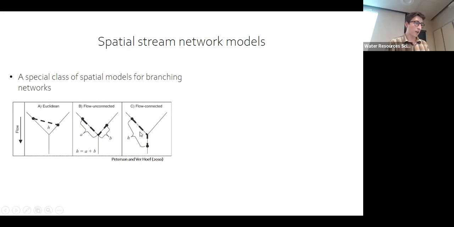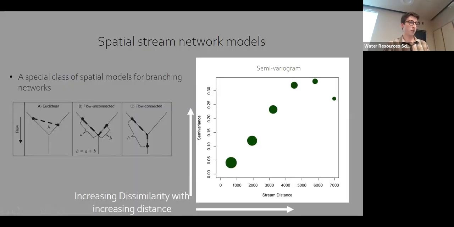And so if we look at the spatial relationship between the nitrate concentration that we measure in the stream, we can use a semi-variogram to gain information on whether or not there's spatial autocorrelation here. And we see this really distinct pattern. As the distance between points increases, the degree of dissimilarity increases, but this isn't happening randomly.